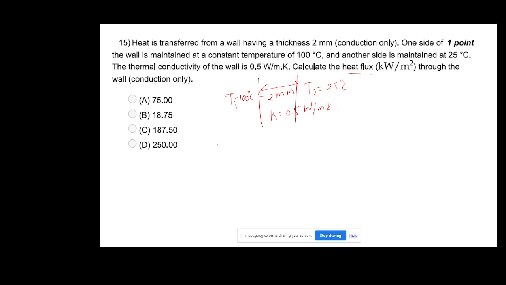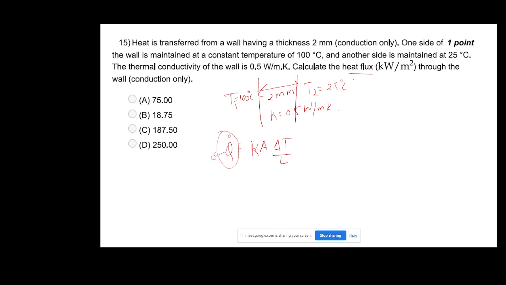So here in this lecture only I have given you the equation used to calculate the rate of heat transfer by conduction, which is Q dot is K A delta T by L. Now here Q dot is the rate of heat transfer.